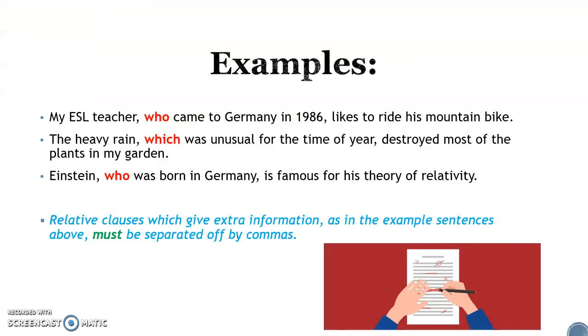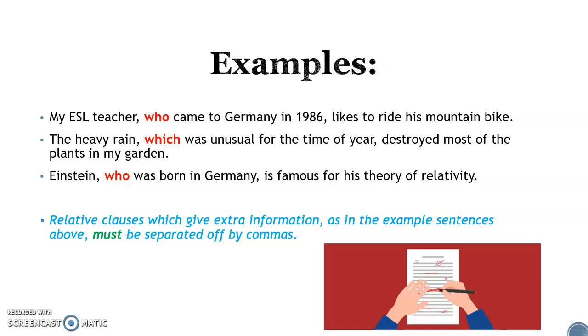That's the main goal. So in this example, my ESL teacher, who came to Germany in 1986, likes to ride his mountain bike. The heavy rain, which was unusual for the time of year, destroyed most of the plants in my garden. Einstein, who was born in Germany, is famous for his theory of relativity. So as you can see, these clauses start with who, which, when, those type of words.